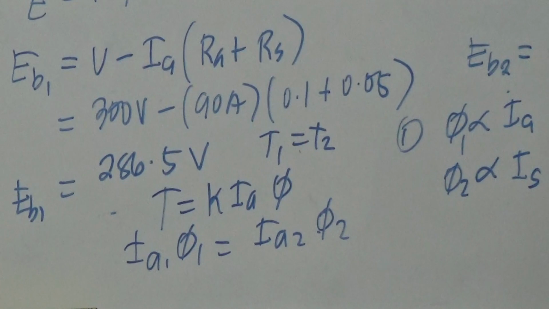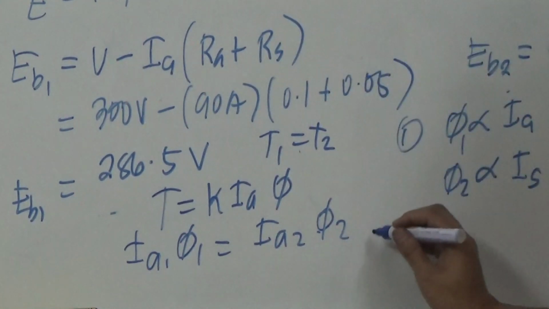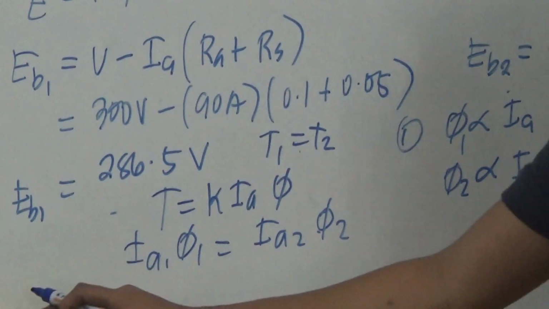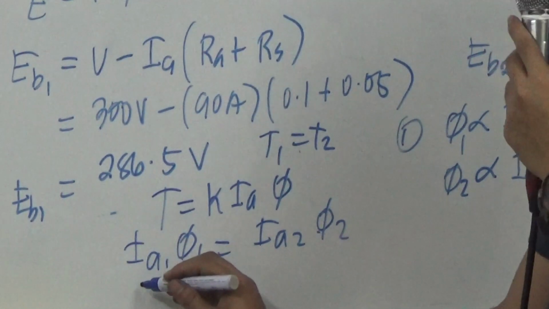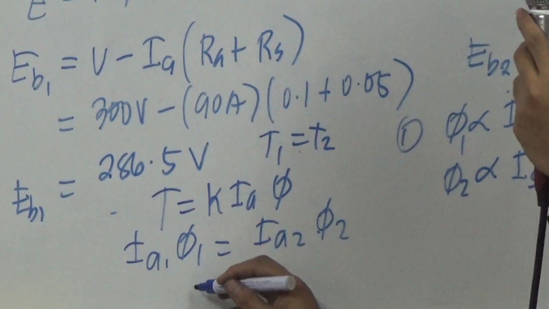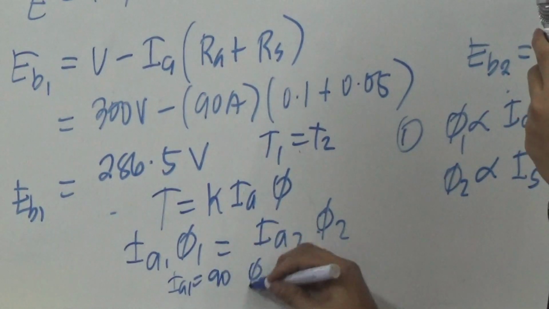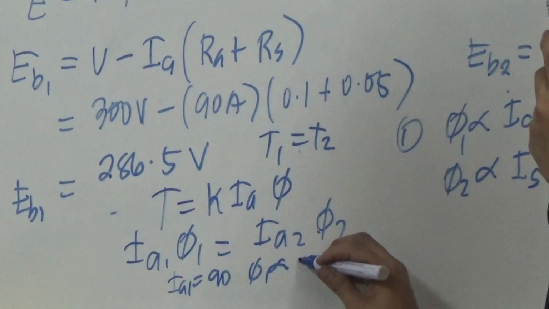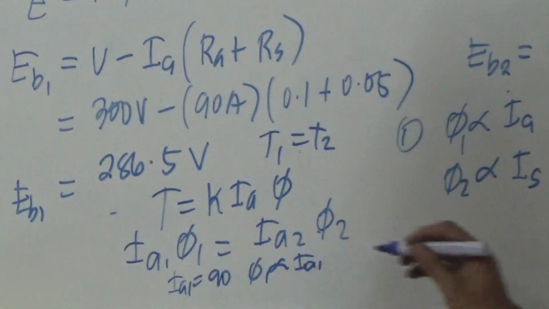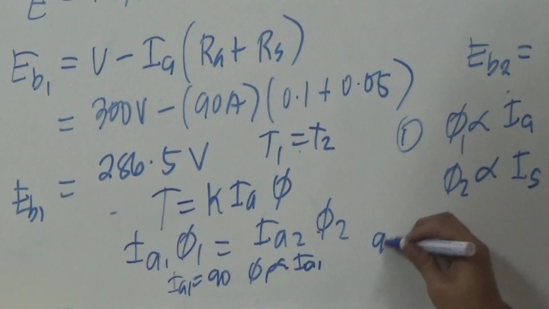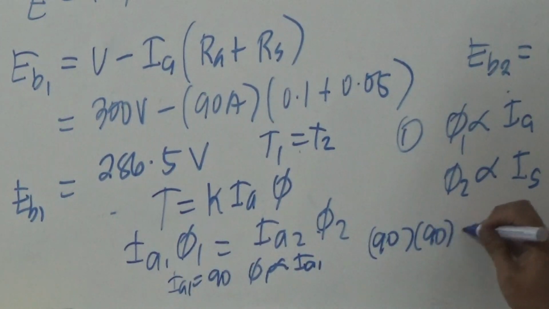So yung first condition, flux 1 natin is proportional to the field current, which is also IA. IA is 90. Tama? So, IA1 is equals to 90 and flux 1 is proportional to IA1. So we can say multiply natin sa 90.